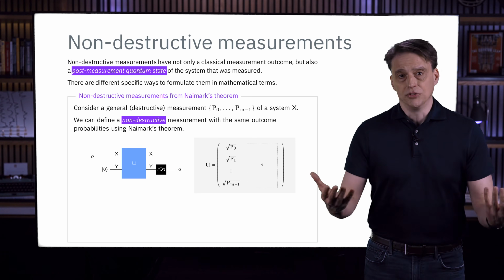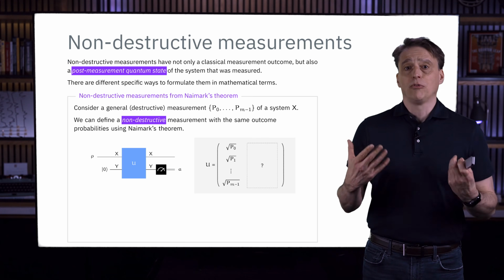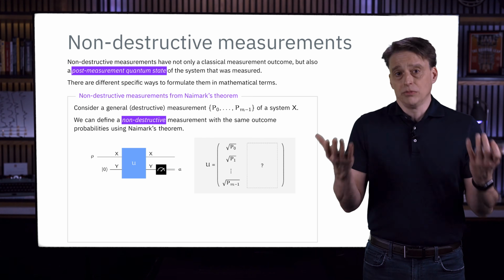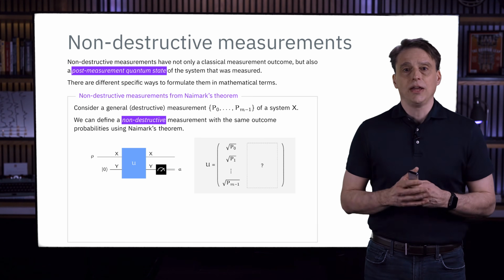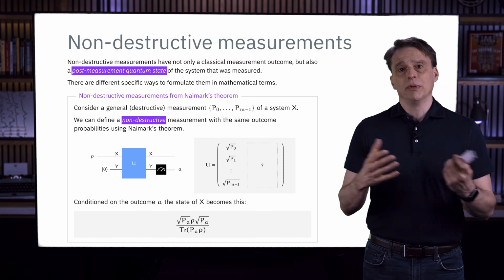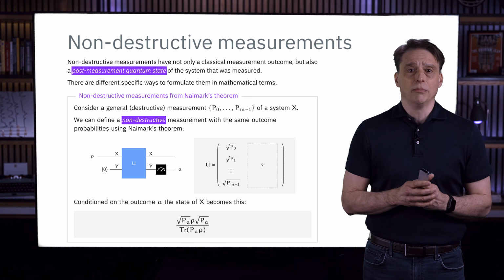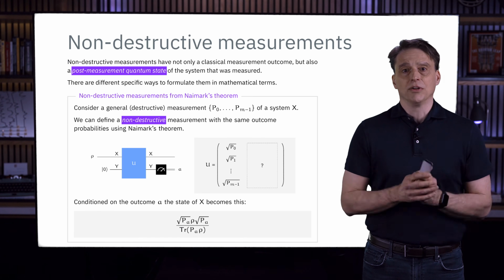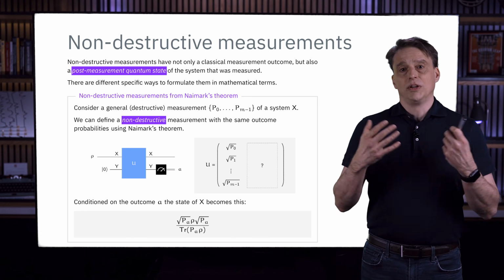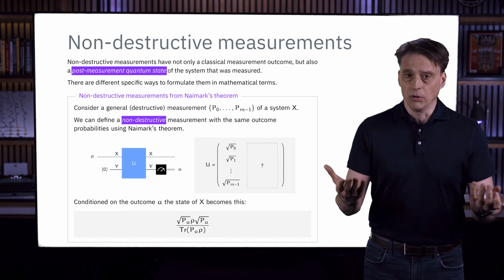We introduce a new system Y, interact it with X through a unitary operation U, and then perform a standard basis measurement on Y. So the system X is still there, and we can consider its state. And based on the analysis that we went through, we can determine that the post-measurement state of X, conditioned on getting a particular measurement outcome a, is given by a density matrix that looks like this. In words, we conjugate by the square root of the corresponding measurement matrix, and then normalize.